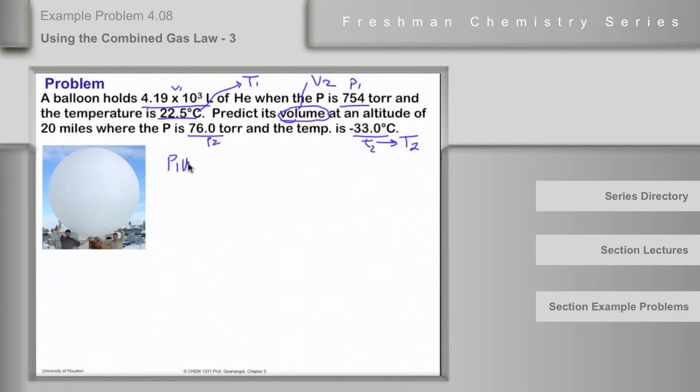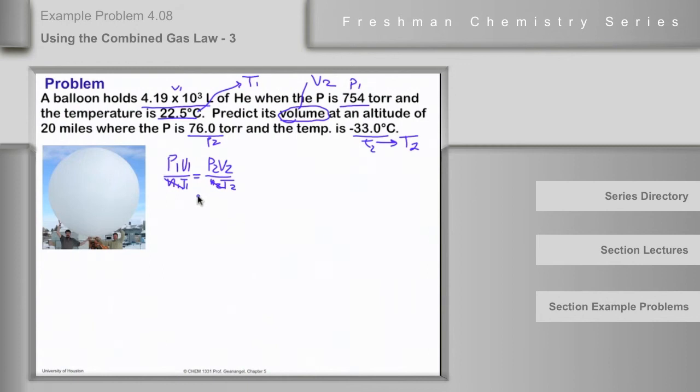So here we go. P1 V1 over N1 T1 is P2 V2 over N2 T2. Now we're assuming no helium leaks out. So the one thing we can do to simplify matters is to recognize that N1 equals N2. No helium got away. Even that's not entirely true, but let's keep it for simplicity's sake.